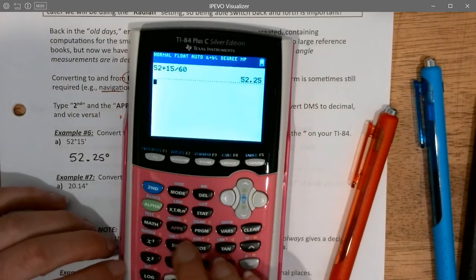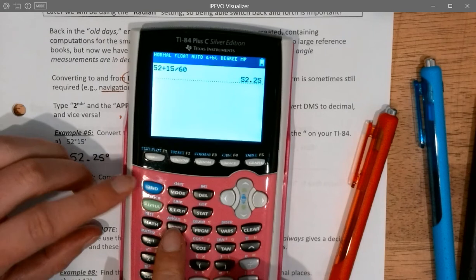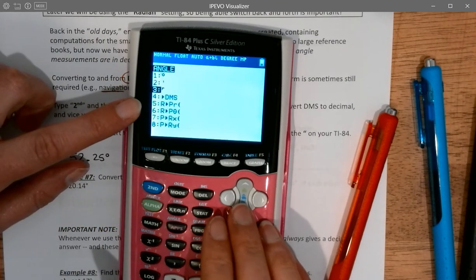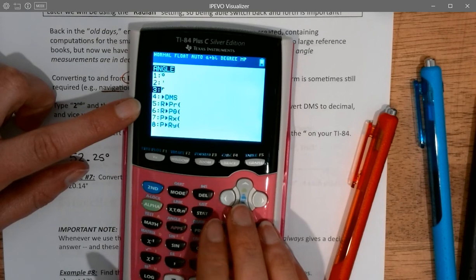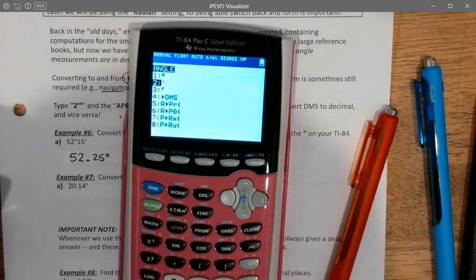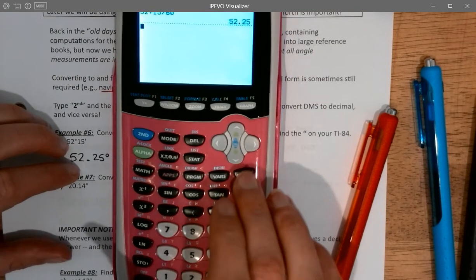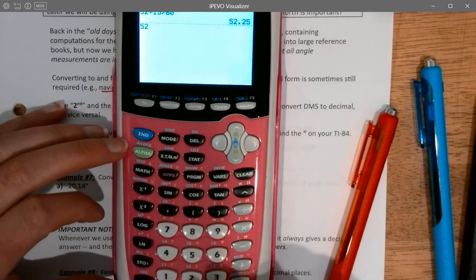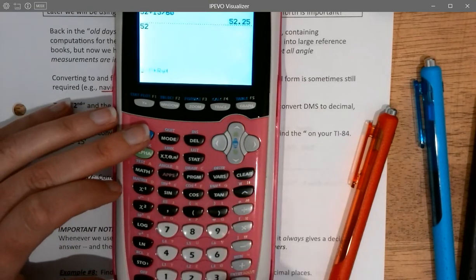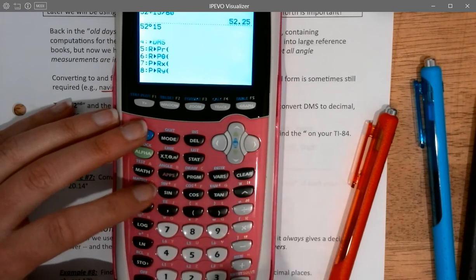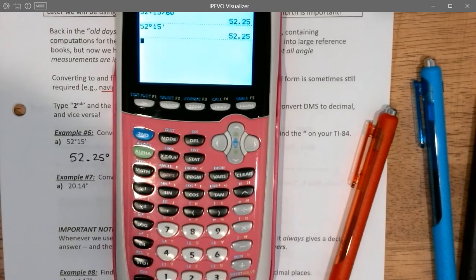So if I go into angle, which is second, then the apps key, I can see the convert to decimal degree or DMS, and I can see the minutes and seconds, which are over by memory down here at the bottom. So let's first of all type in 52 angle degrees, 15 angle minutes, and it's going to convert now into decimal degrees by default.